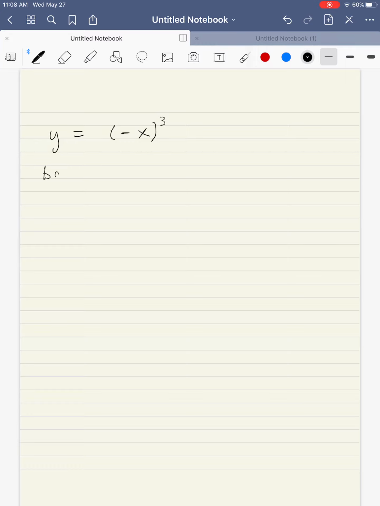I'd like you to go ahead and write the basic function. Graph it. List the transformations. And then graph with the transformation. Pause the video and try this.